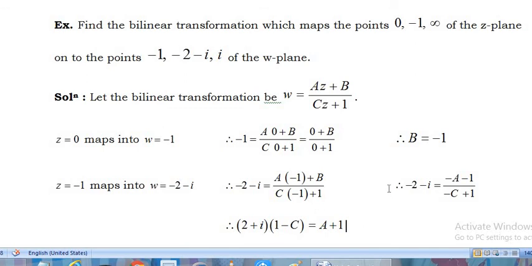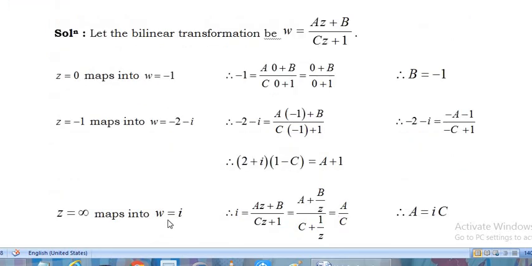Therefore, multiply throughout by minus 1, and we will be getting 2i times (1 minus c) is equal to a plus 1. z equal to infinity maps into w equal to i.